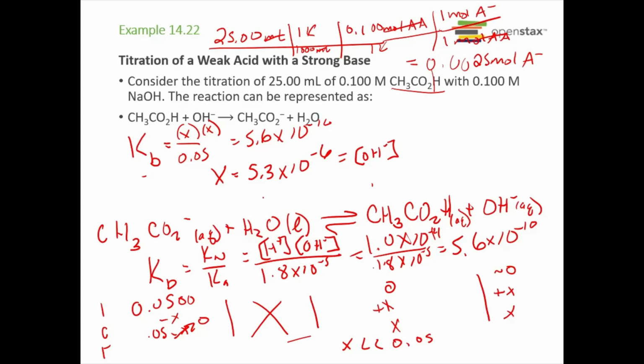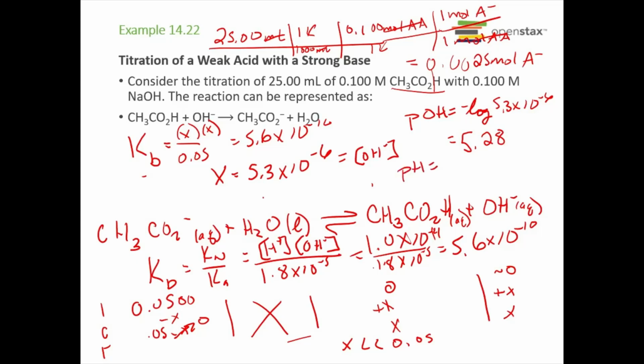And so then we can get pOH, the negative log of 5.3 times 10 to the negative 6. And this is 5.28.